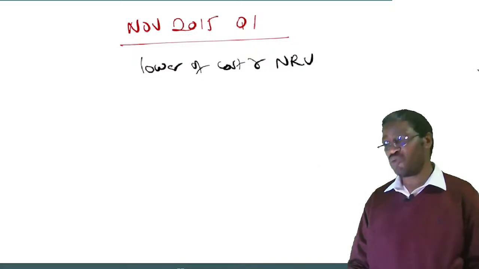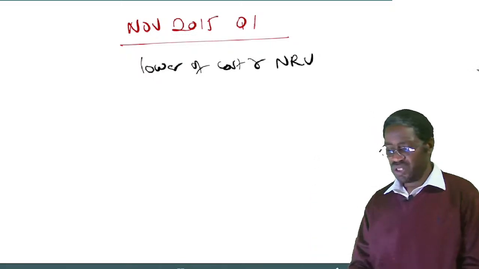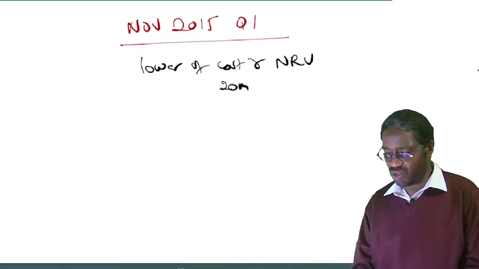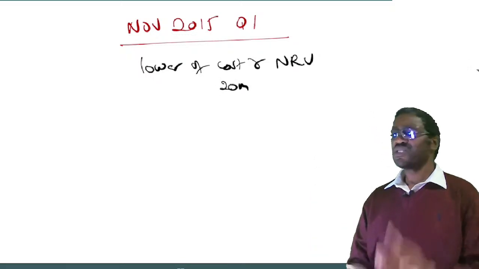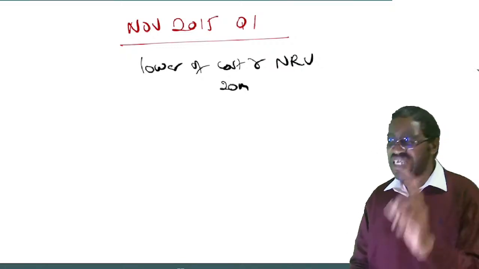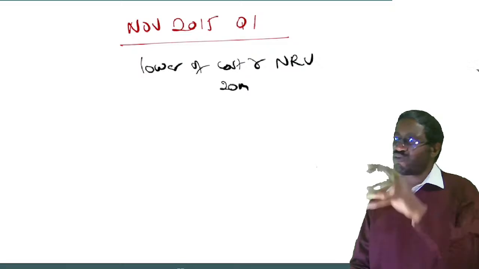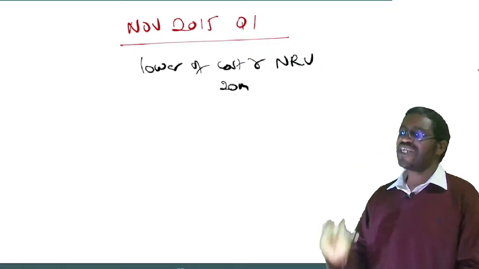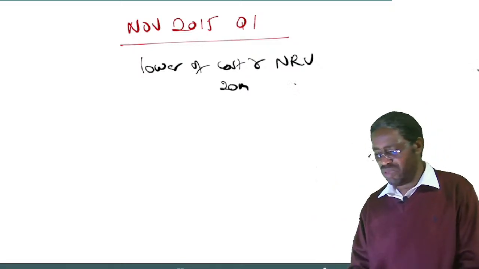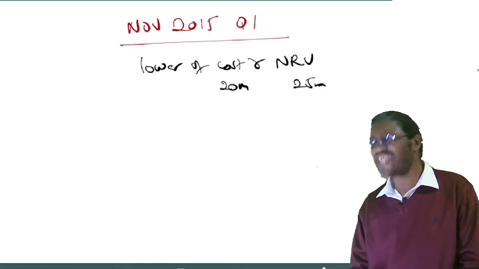Get the cost of your stock. For example, your stock by the end of the year had a cost of 20 million. That stock can be sold, and from the sale of that stock, the realizable value maybe could be 25 million. Let me assume so.